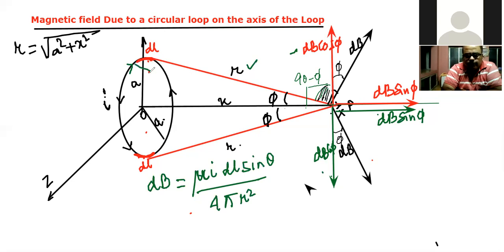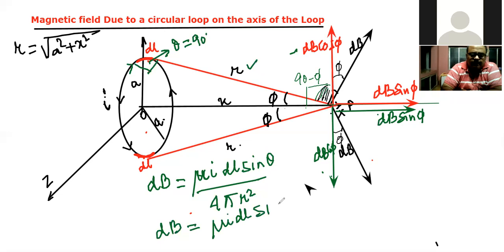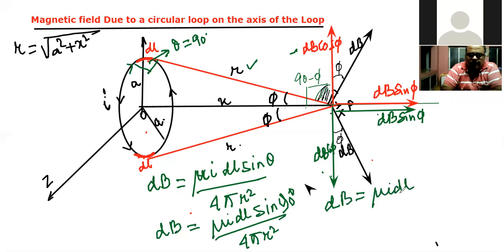They are mutually perpendicular, so theta will be equal to 90 degrees. So dB will be mu I dl sin 90 divided by 4 pi r square. Sin 90 is equal to 1. Therefore dB is equal to mu I dl divided by 4 pi r square.